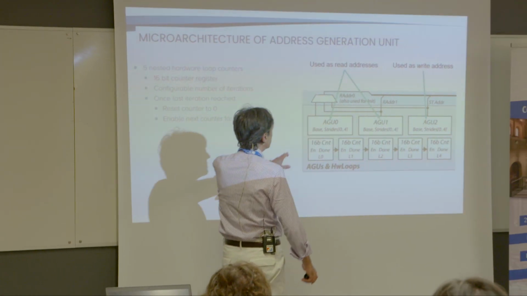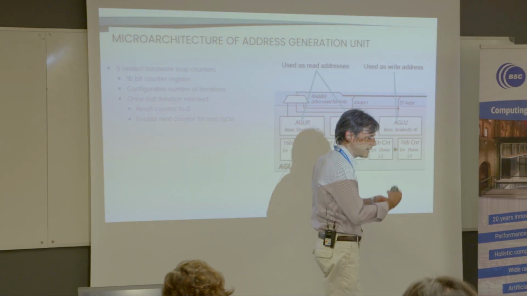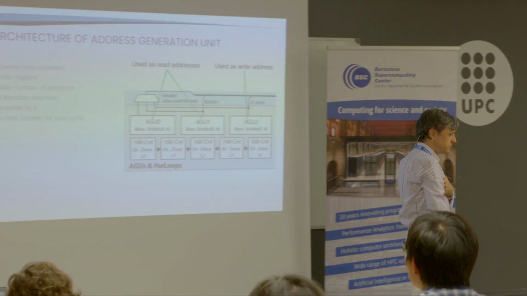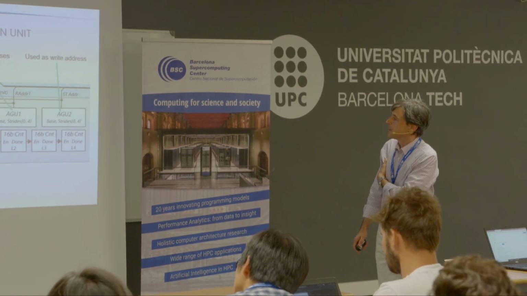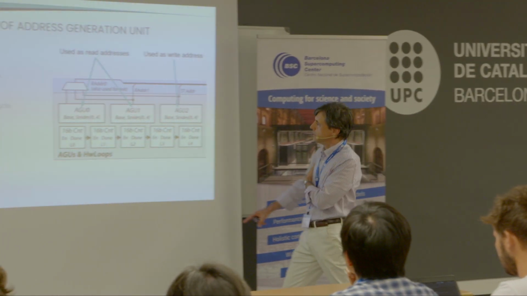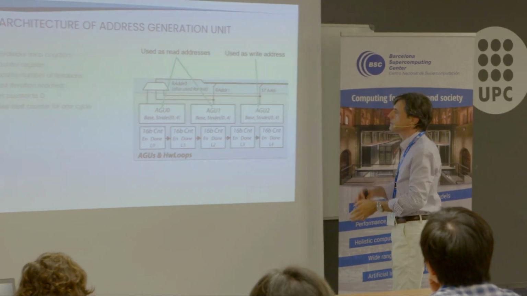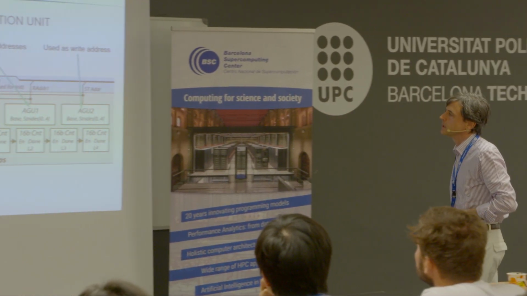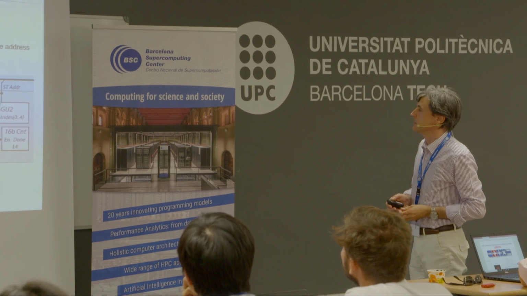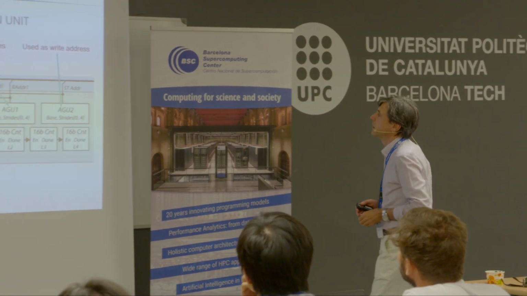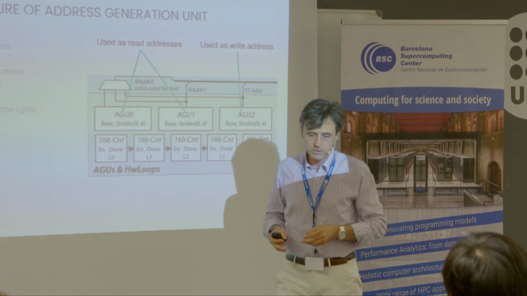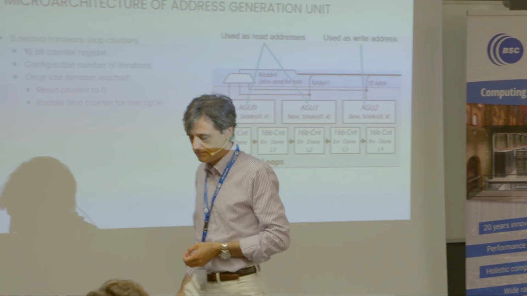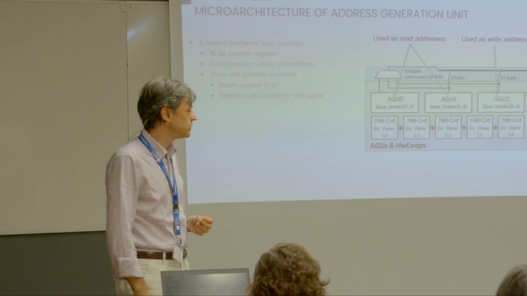And you have these address generation units, which are basically addition units, which compose the addresses for the memory by adding up a base, the possible stride, and other addressing modes that are supported by the microarchitecture. You have 3 of them because you have 2 operands and 1 result to address to the memory.